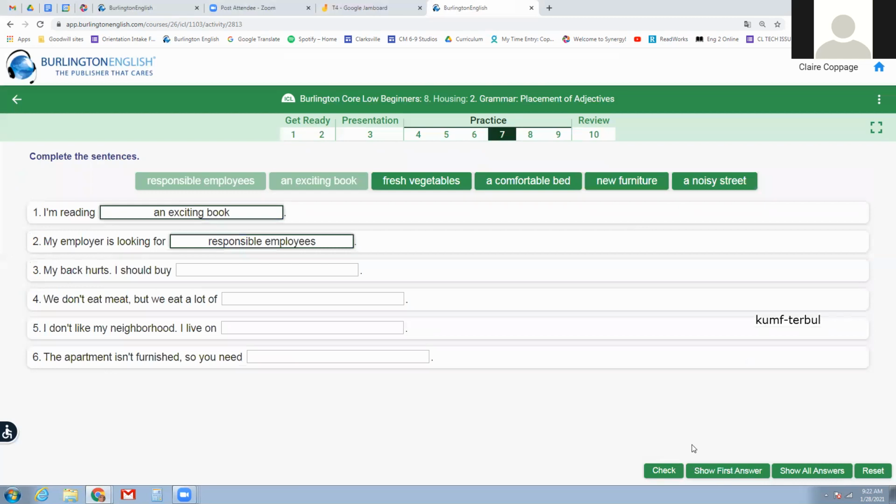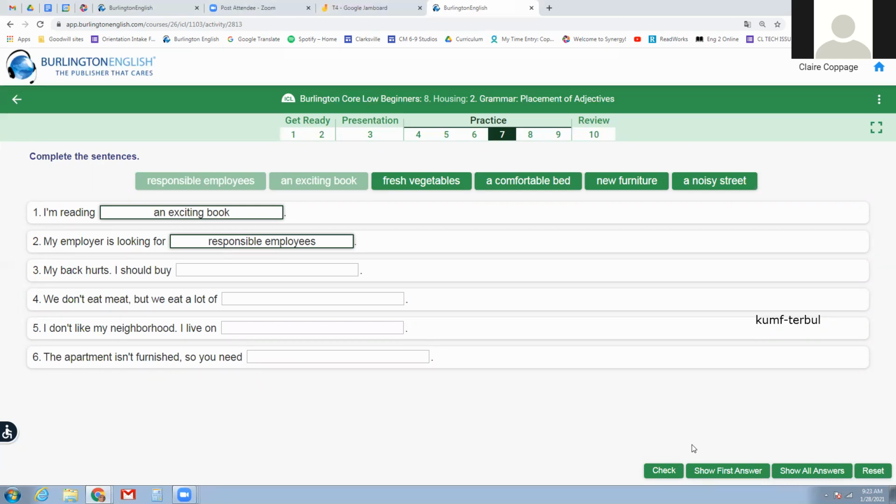All righty. So here we have a similar activity where we are matching the logical option with the sentence. In this case, it has the adjective first and then the noun. So number one, I'm reading an exciting book. My employer is looking for responsible employees.